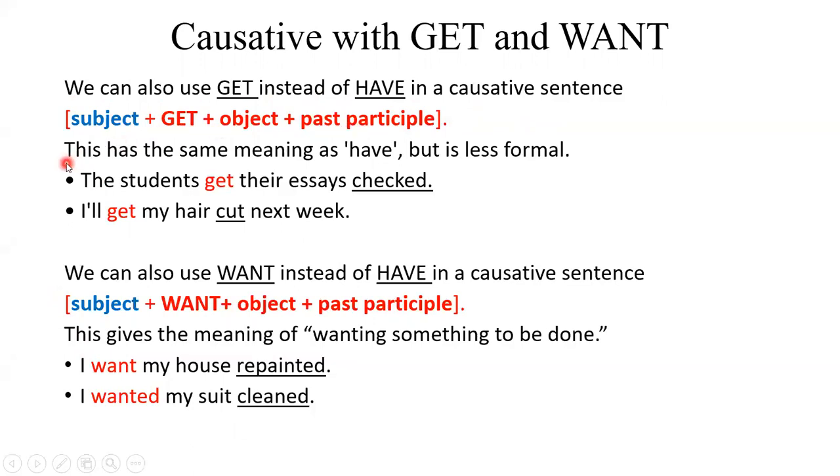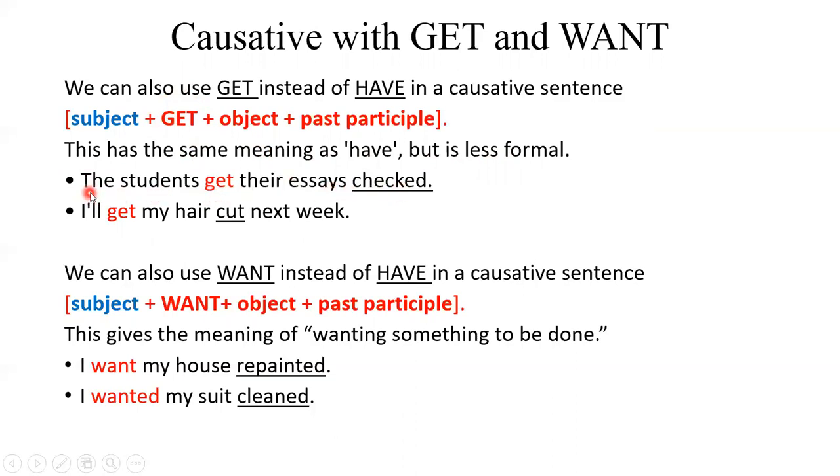What does this mean, or what is the difference? Actually, there is no difference. Using get is the same as using have. They mean the same thing. But usually we use get in less formal situations. So let's look at this sentence. The students get their essays checked.